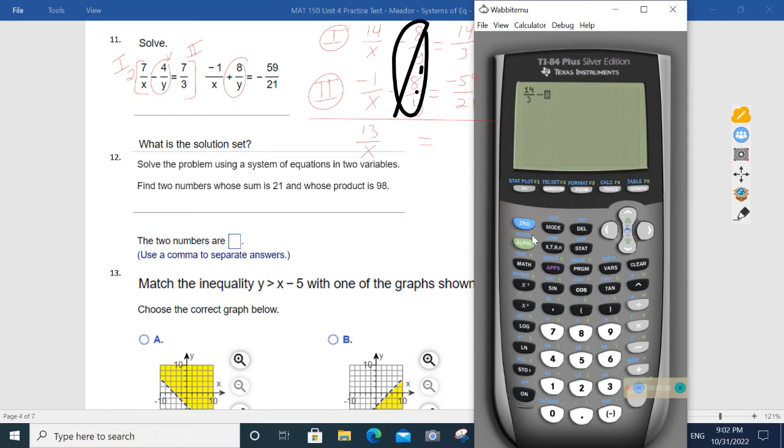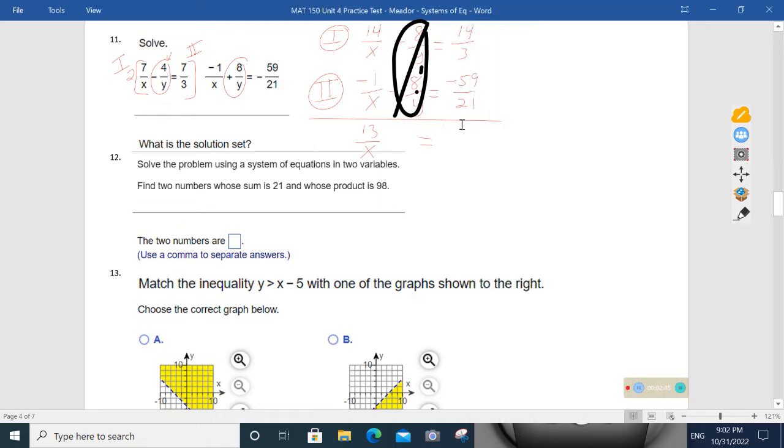I'm just going to say minus, alpha y equals 59 over 21, and press enter. And we get 13 over 7. Now look what happens. Oops. So when you do that, you get 13 over 7, I think it was.